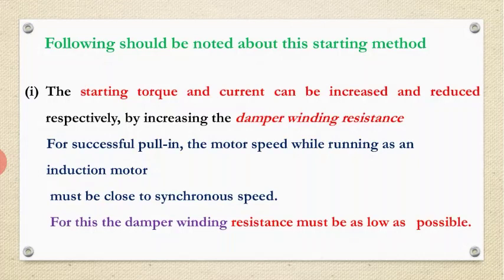We have to choose the damper winding resistance to provide a compromise between these two points. For starting torque, if it is high, the damper winding resistance must be high, whereas for the hunting oscillations it must be low.